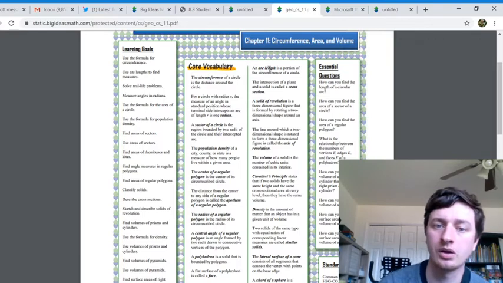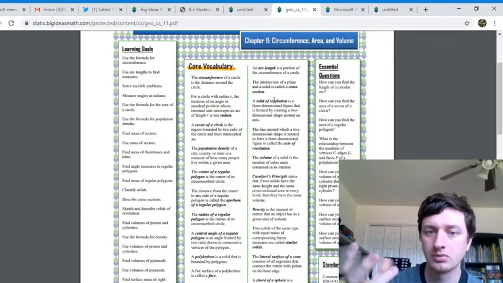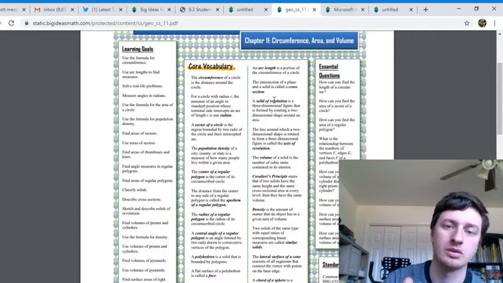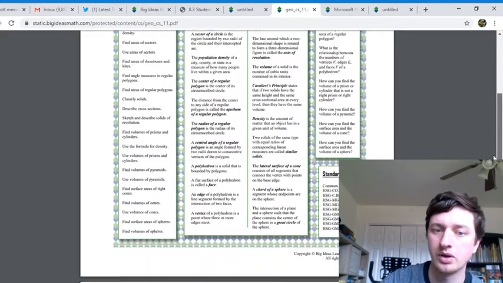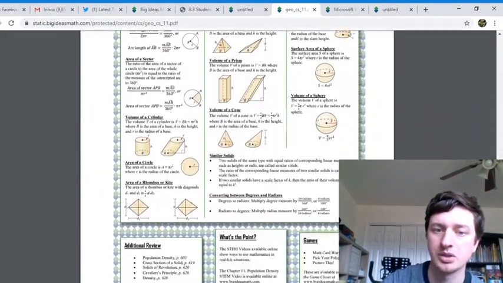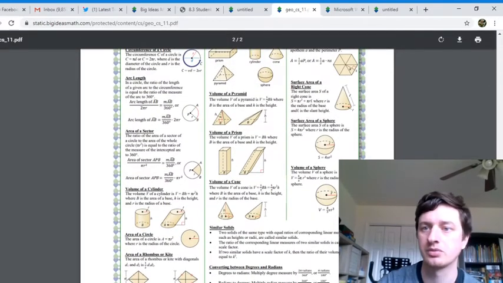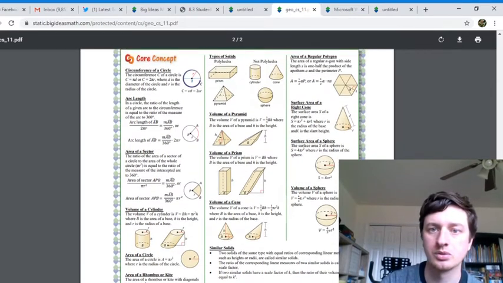And we've got arc length and solid of revolution. This is when we rotate something, and if we remember all the pieces of the rotation, then we have a solid shape. We won't use all of these things. We're going to use most of them. Okay? And then here's the very helpful section. This second page has basically, in this section right here, every single formula that you're going to want to be able to use.